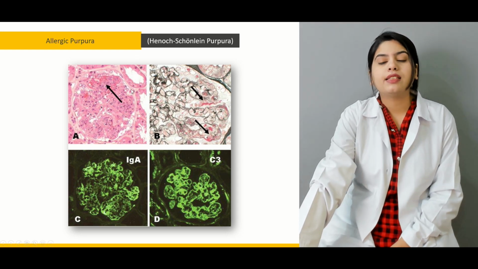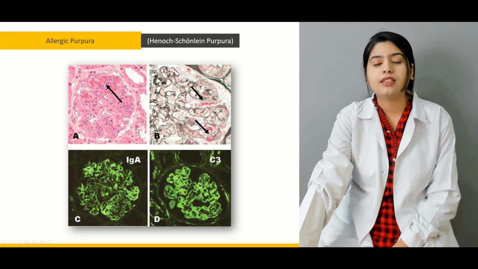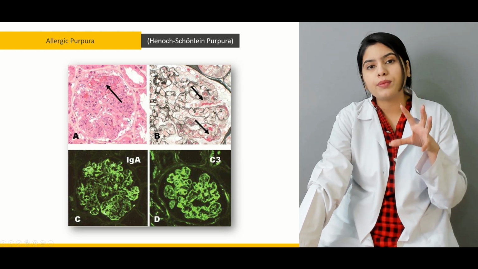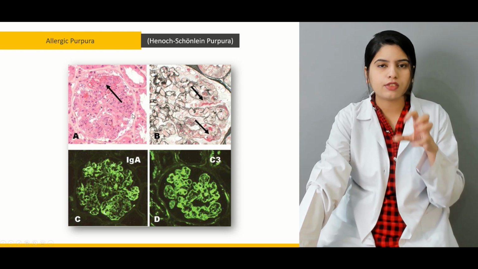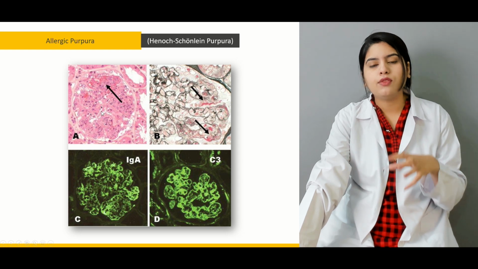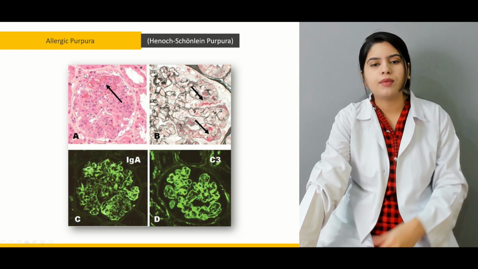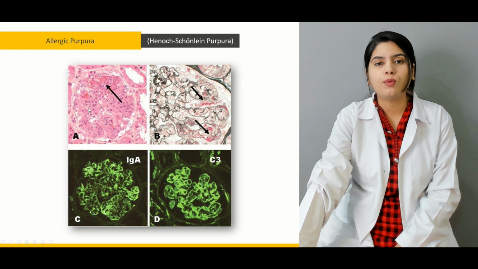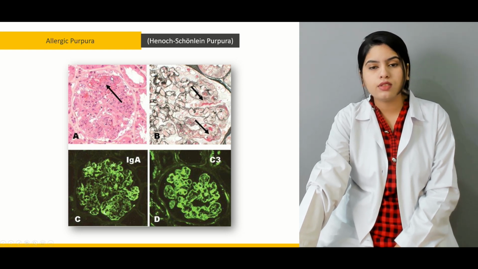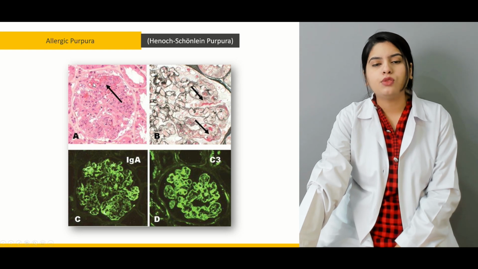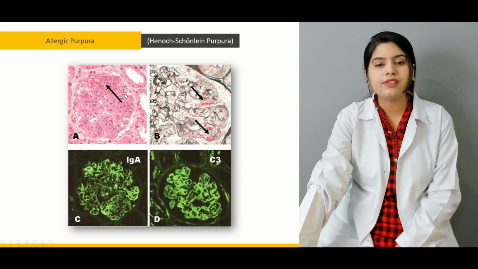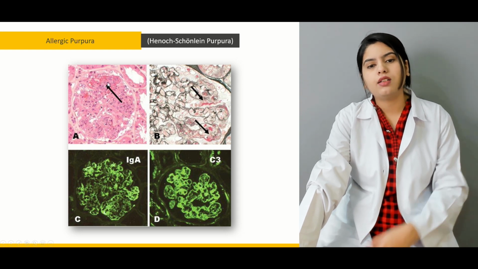If you look at this diagram, it is taken from the kidney, the glomerulus. Part A is from the glomerulus of the kidney, and here you can appreciate the necrosis and the small crescents of fibrin.